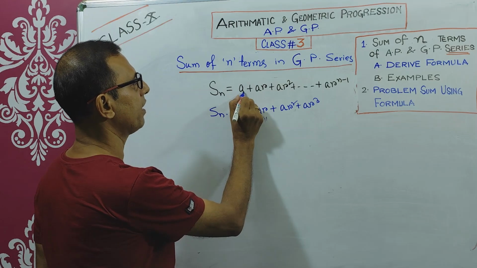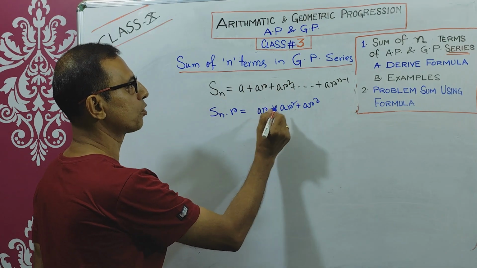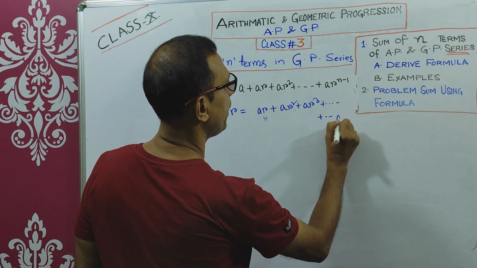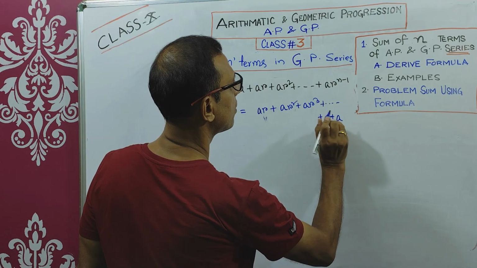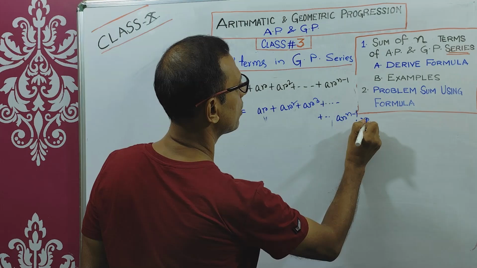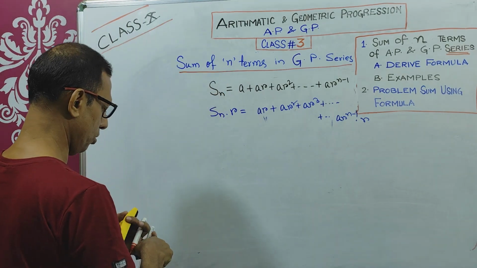So first term will be ar. So it is increasing. Initially it was a, but then it will be ar. So last term will be definitely ar to the power n minus 1 into r. That means ar to the power n.